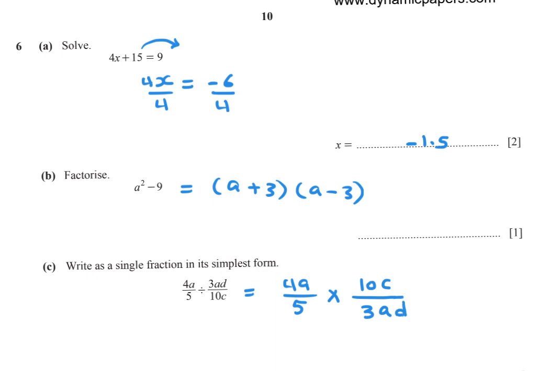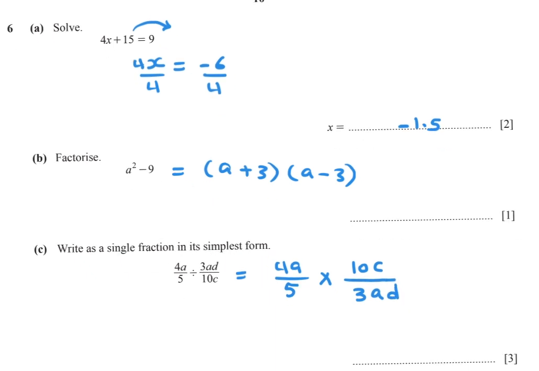Now you can simplify before you multiply. You can divide by 5 equal 1, divide by 5 equal 2, and you can cancel a with a, so now you can multiply. 4 times 2 equal 8, so 8c, and for the denominator 3d.